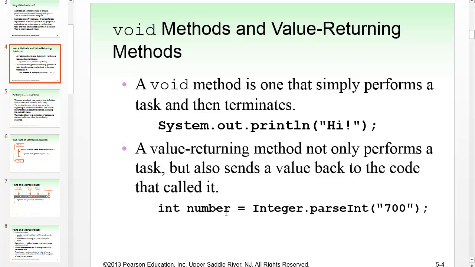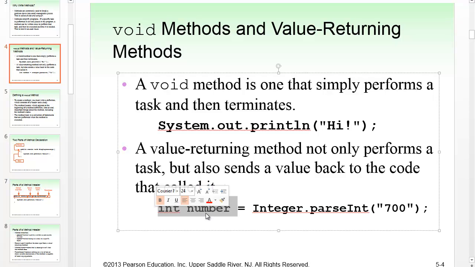For example, I could declare a variable here, a number. This one's an integer, and then you've seen this method before. It's the Integer.parseInt method. You pass it a string. We saw this when you take string input from either the scanner or the JOptionPane input dialog box.